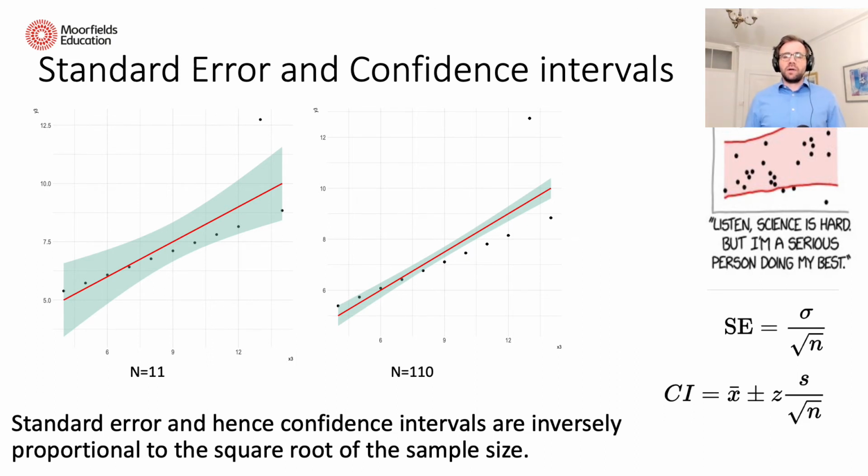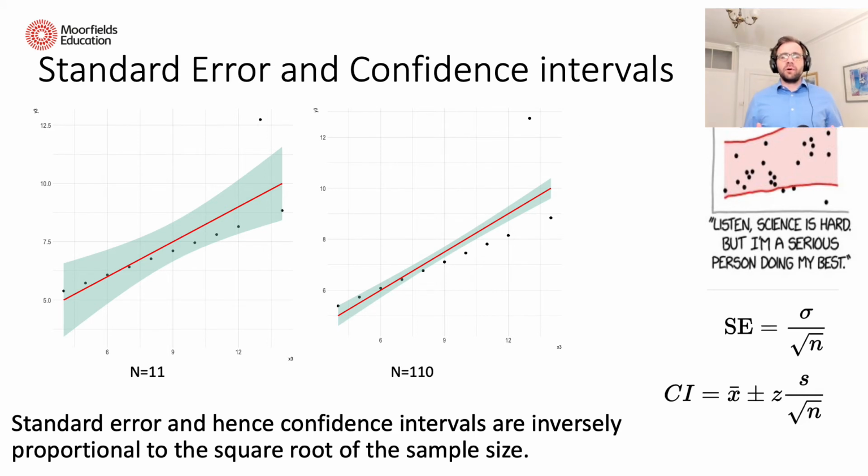As you saw, you also had a standard error, and from the standard error you can derive the confidence intervals. The important thing to realize is that how big the standard error is depends on, it's proportional to, how big your data set is, right?